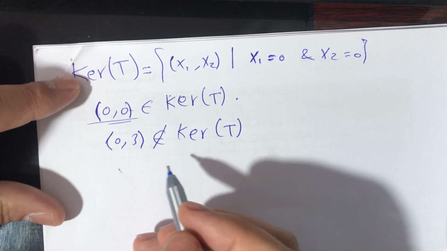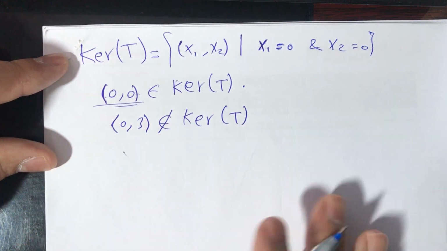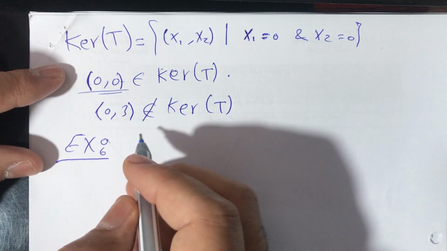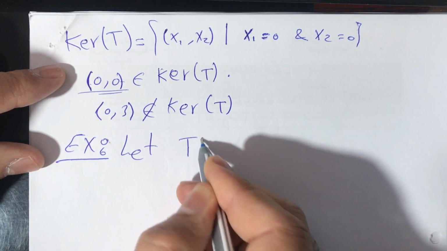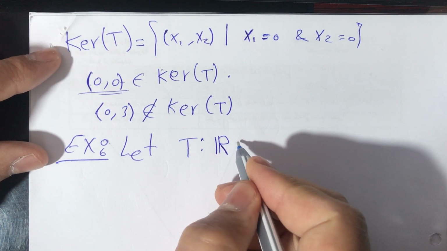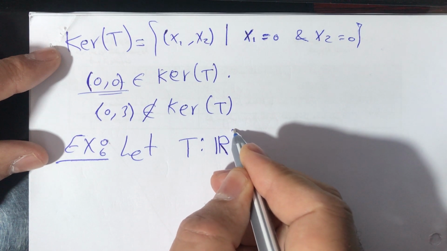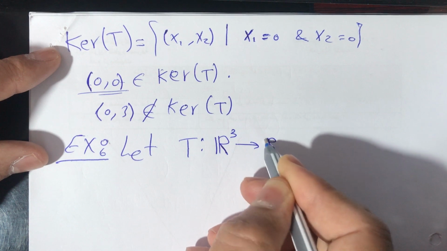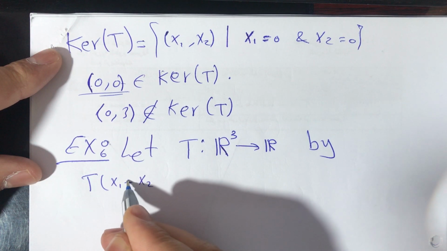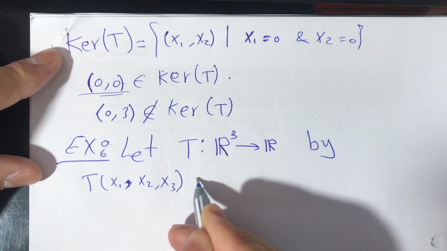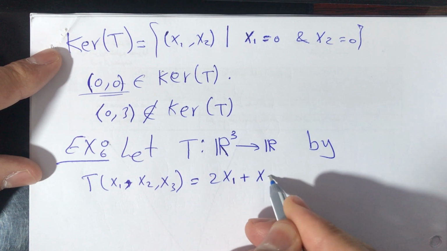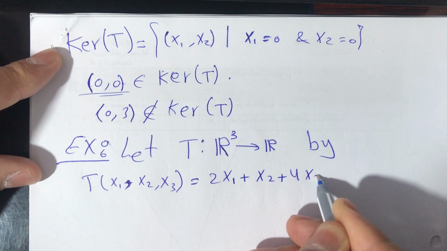And now we can take another example. Let T be defined from R3 to R by T of (x1, x2, x3) equal to 2x1 plus x2 plus 4x3.